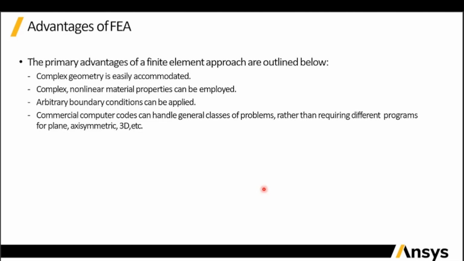FEA is a numerical method, so you can easily accommodate complex geometry. Also, you can solve complex non-linear material properties with the help of FEA. And you can apply arbitrary boundary conditions when using this method.